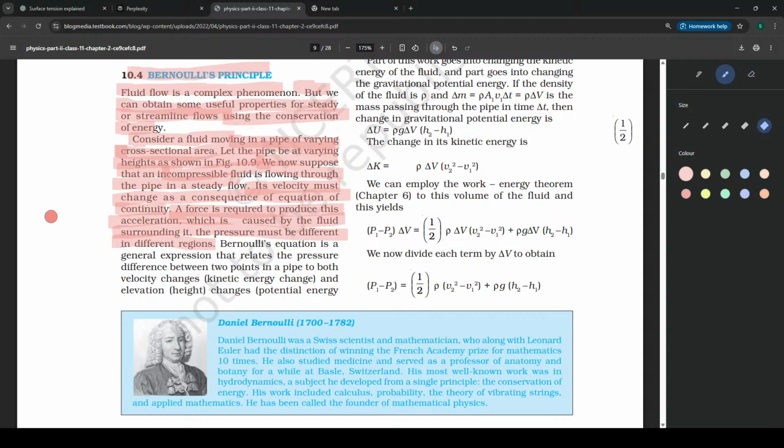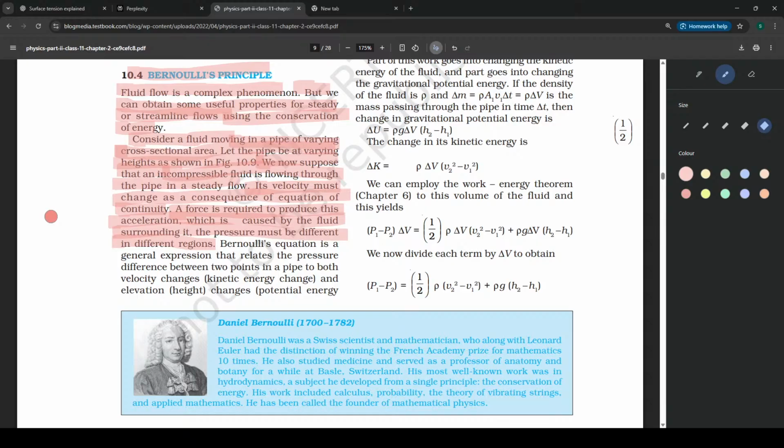Why is this? We know that for a particle to increase in velocity, there must be an acceleration, and for an acceleration to be provided there must be a force. How is this force provided? This force must be due to the pressure difference, pressure due to the fluid particles. There must be a pressure difference between the two areas.